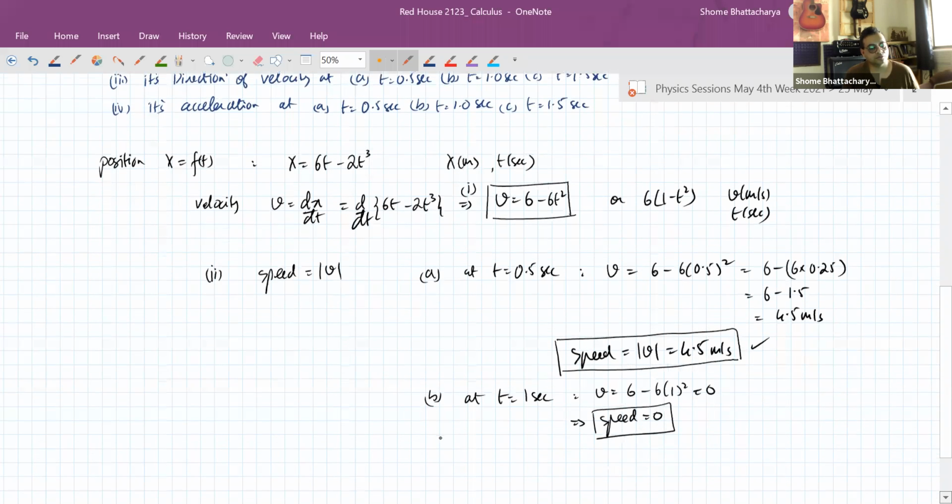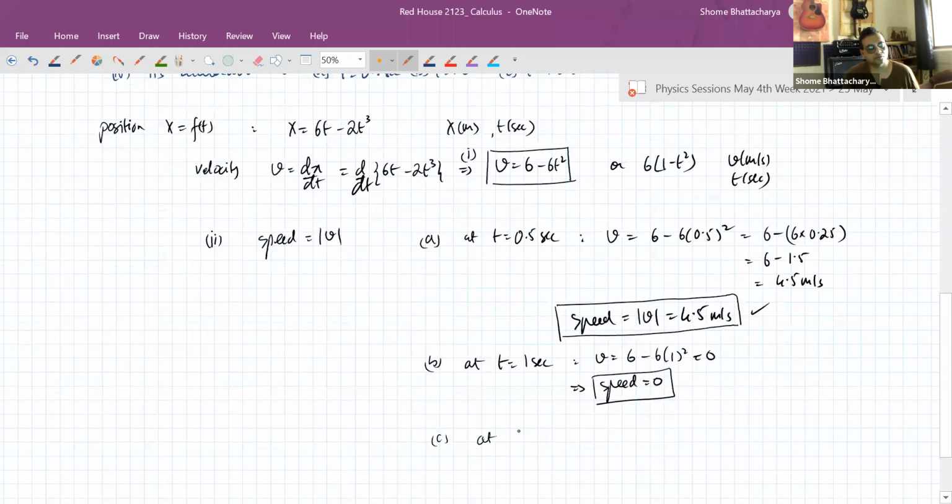Whereas when we are talking about 1.5 seconds, we can see the velocity is 6 minus 6 into 1.5 square.